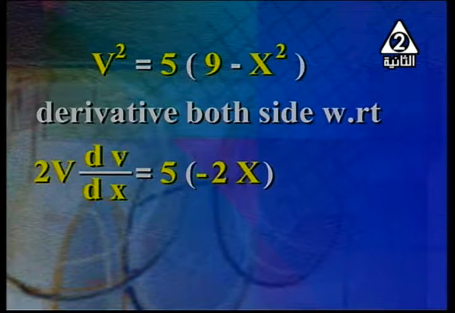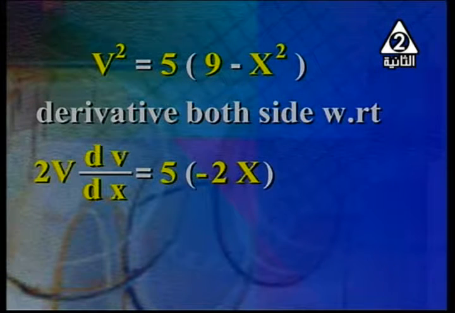What is required? The required is acceleration A. Remember, A is v dv over dx.